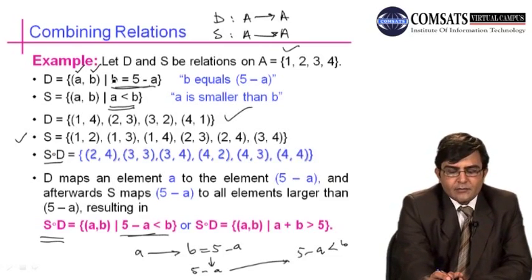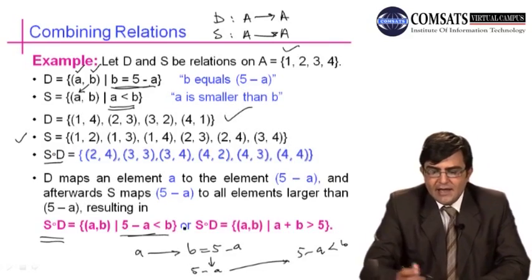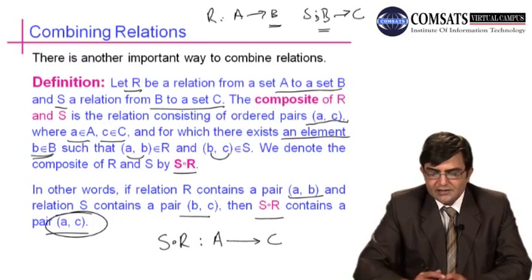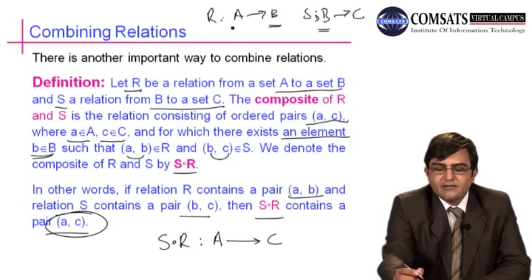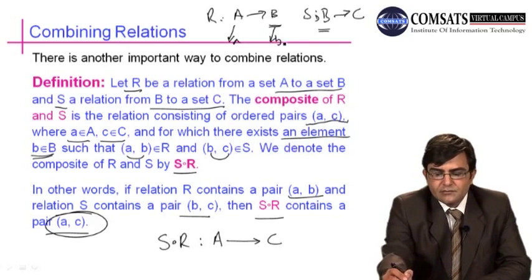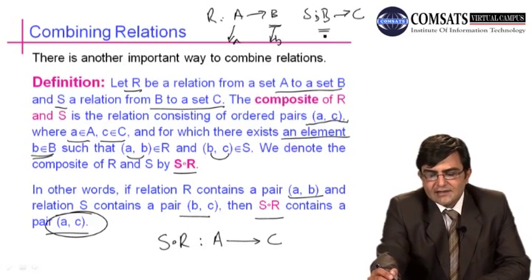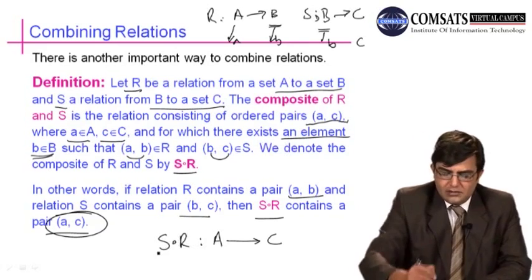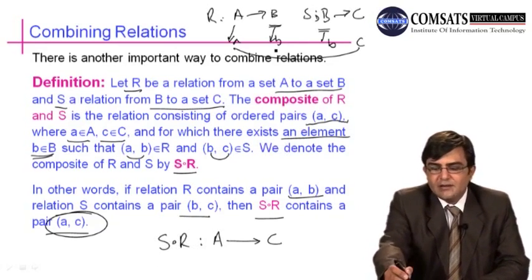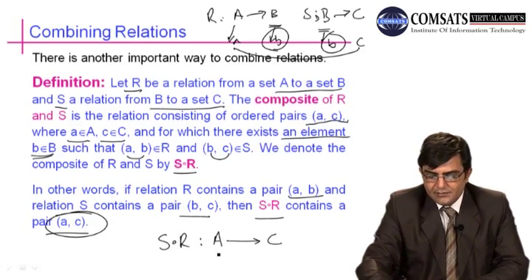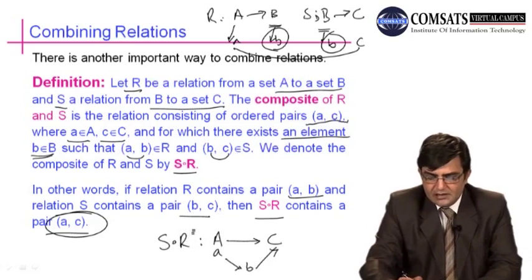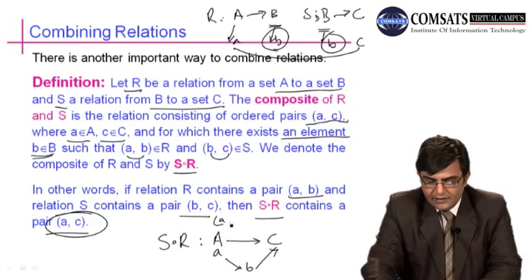Now the second element of D will become the first element of S, as by the definition of composition of relation we have seen that R is a relation from A to B, where the first element of R is basically A, second element is B. Now B in the second relation S is basically the first element here and the second element is C. Now in the composition A must be transformed to C, but with the help of B. S composition R, basically A will be converted to B and B converted to C. So in relation R, when we apply the R relation, we have AB.